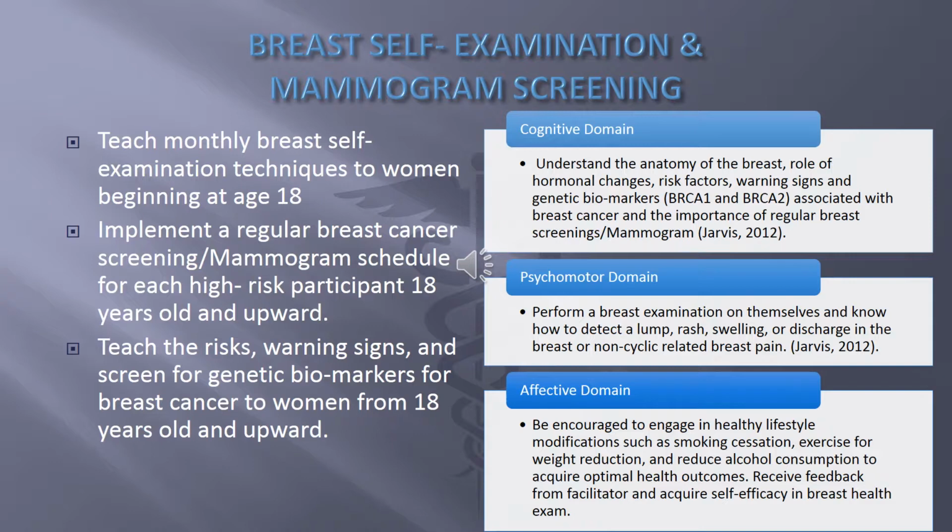They will also receive feedback from the facilitator during the session, and this will help them acquire self-efficacy in breast health exam.